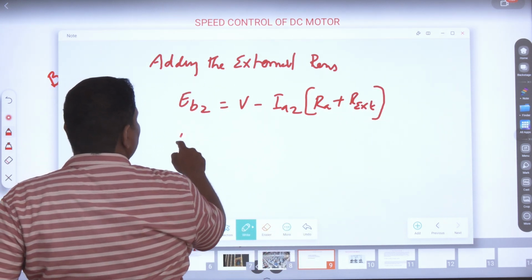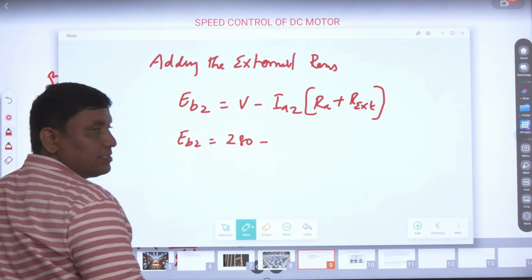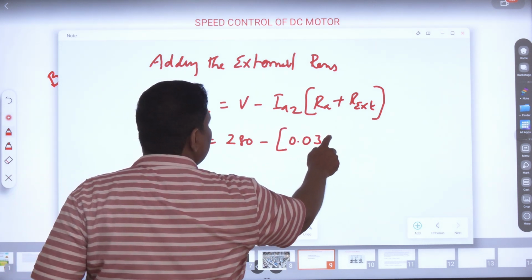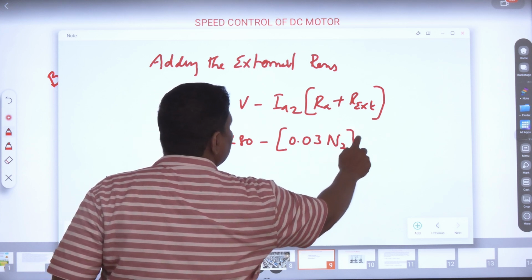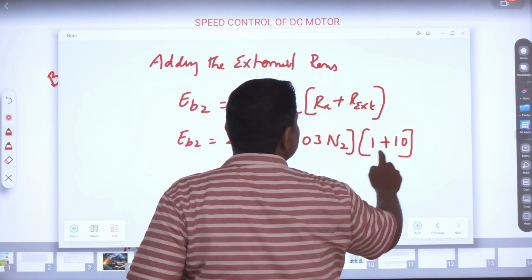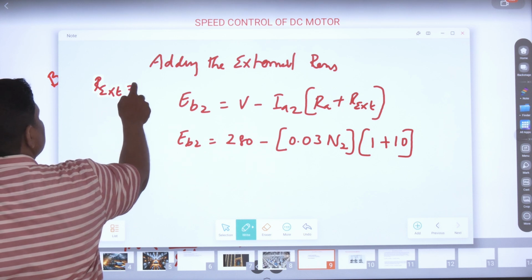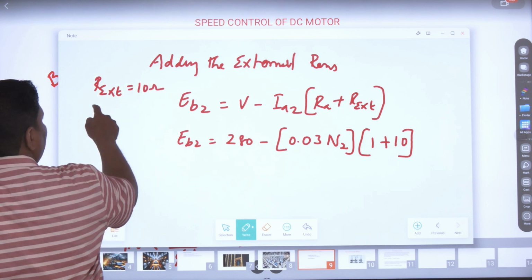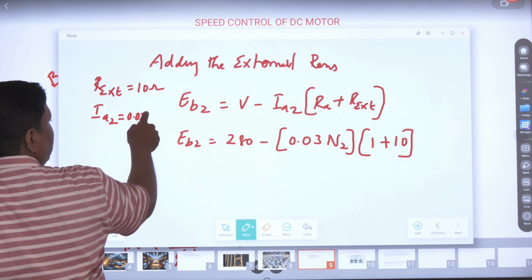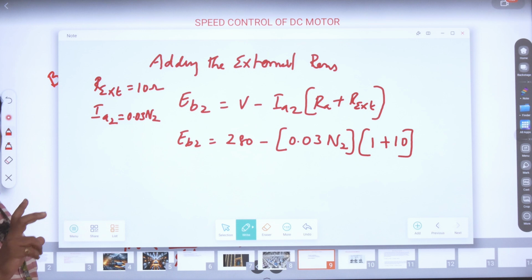So EB2 equals 280 minus IA2, which is 0.03 N2, into RA is 1 plus R external is 10. R external is 10 ohm, and IA2 is 0.03 N2.